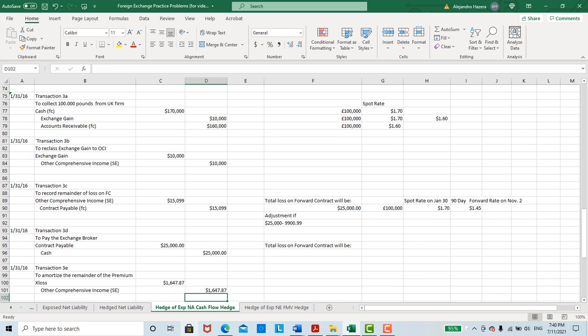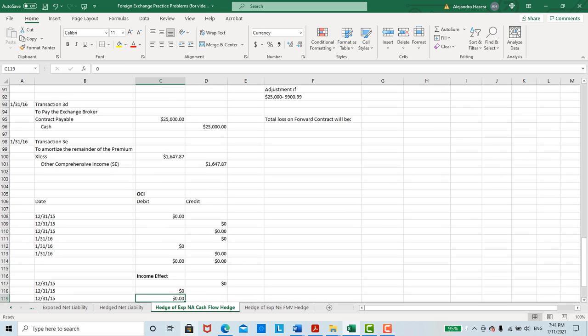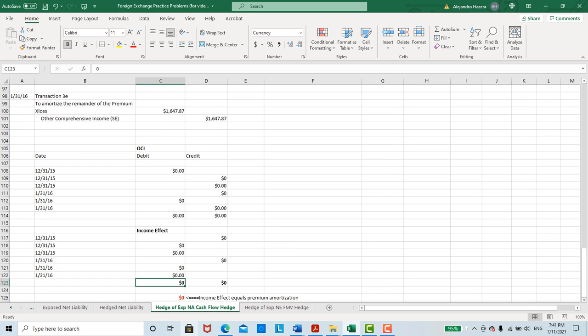Ultimately, I'm going to have you do this in the problem itself, changing the numbers a little bit. Let's see the result of all these transactions on OCI and on net income.